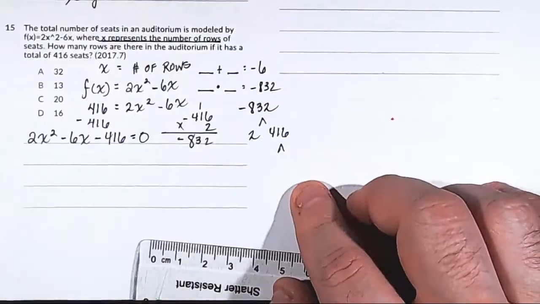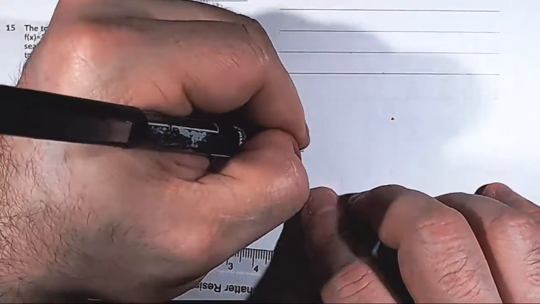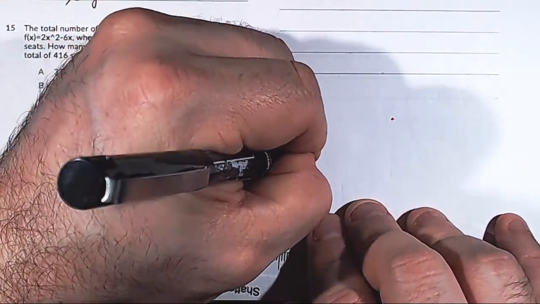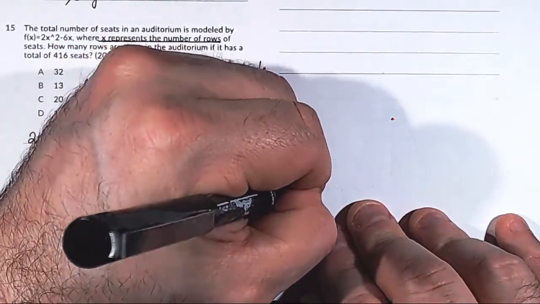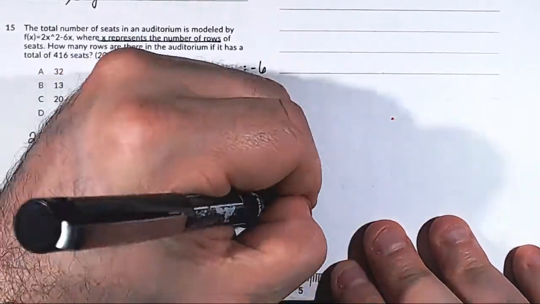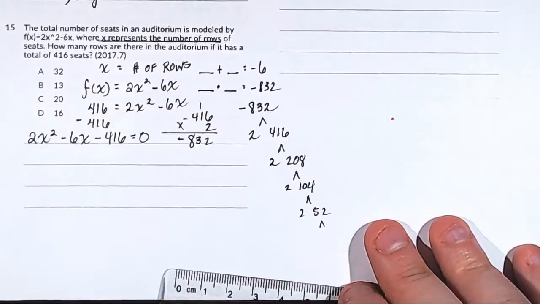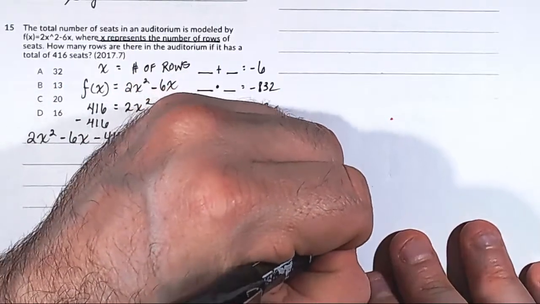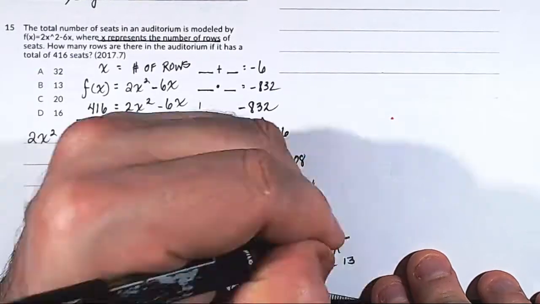Now continue to prime factor. 416 divided by 2 is 208. Then 2 times 104. Break it down some more. 2 times 52. 2 times 26. And finally 2 times 13.